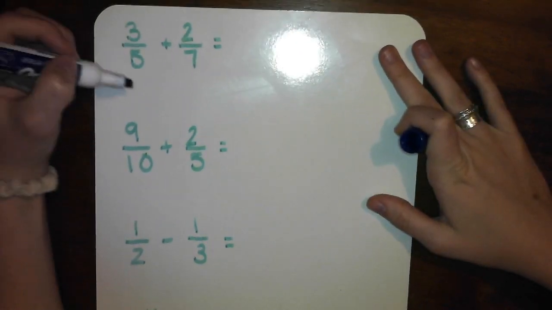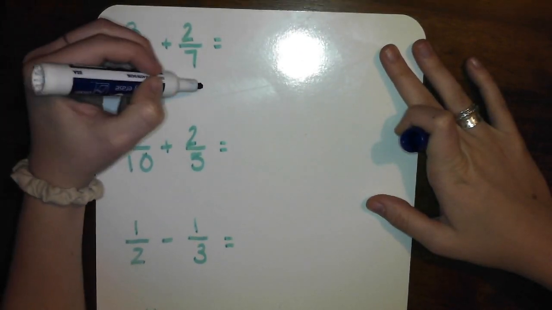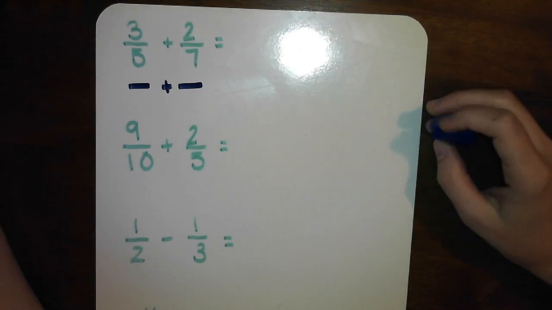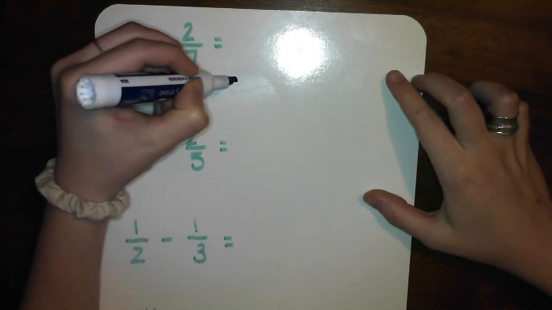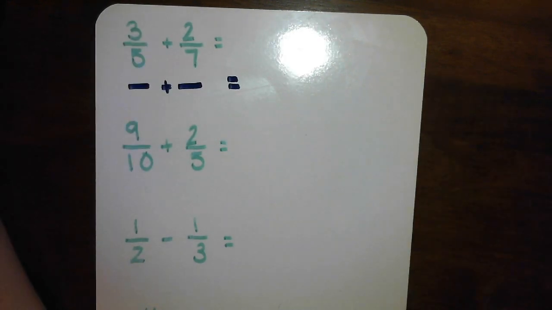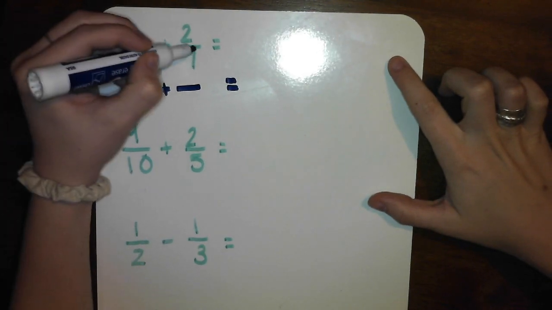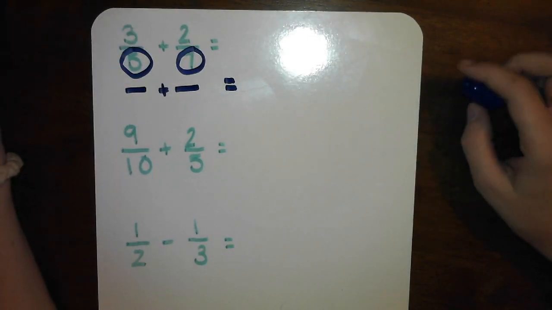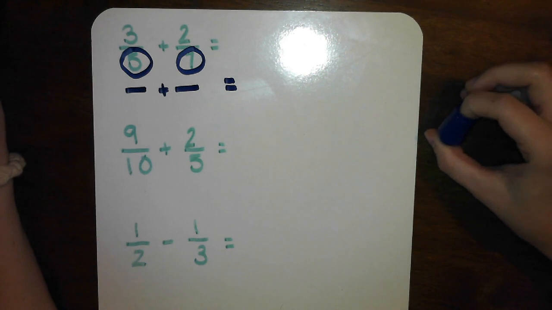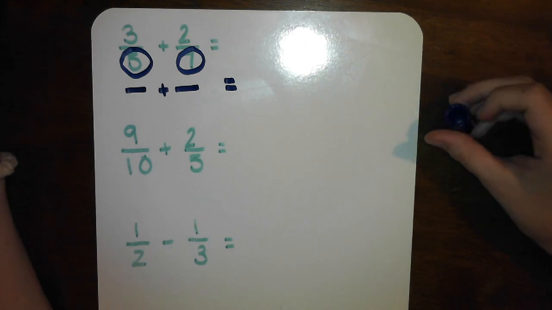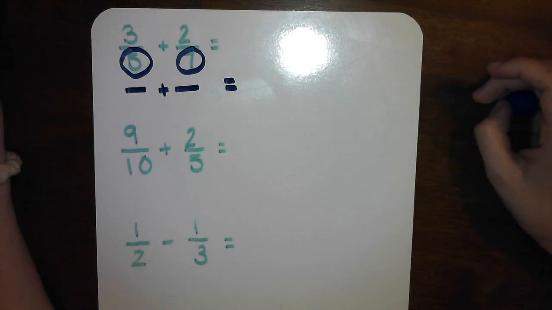Okay, after you've paused. So in order to add and subtract fractions, you have to have a common denominator. And it has to be the least common denominator in order for your fraction to be in its simplest form. So when I think about 5 and 7, I need to find the least number that they have in common. So you should skip count by 5s and 7s, and then choose the number that they both share.